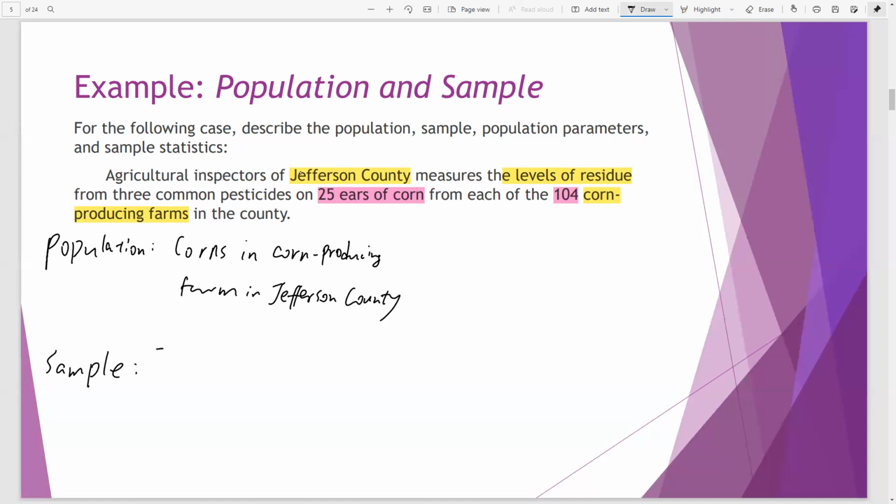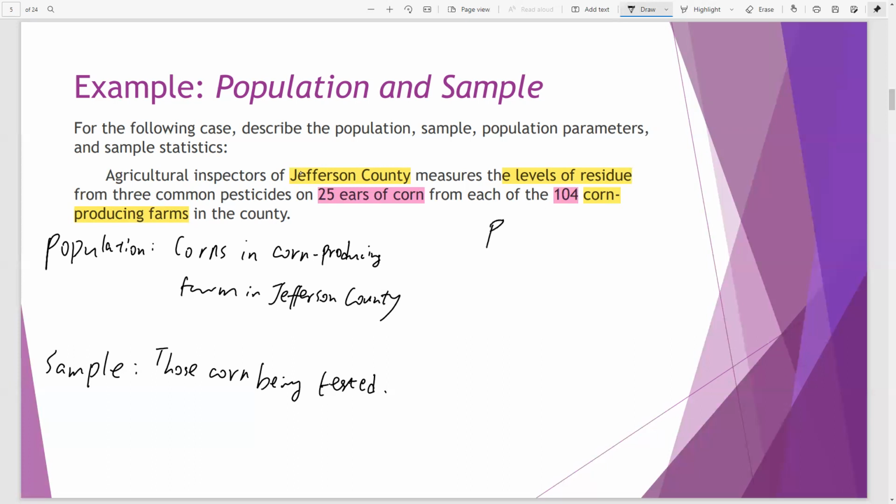So those corn are actually being tested. The population here is all the corn in the corn producing farms in Jefferson County, and the sample we get is those corn which were tested.